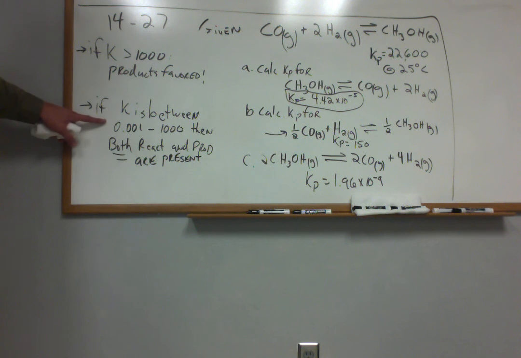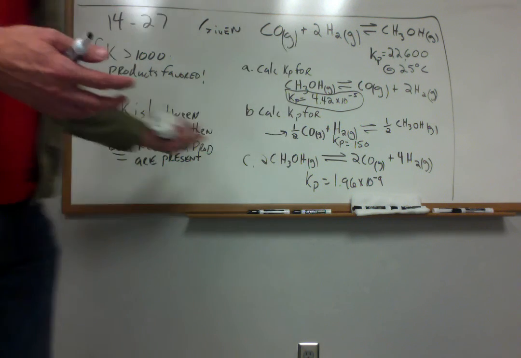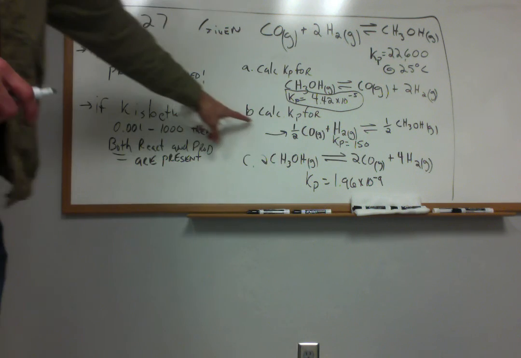Here, I mean that's between about 0.001 and 1,000. Then it turns out that both reactants and products are present at equilibrium. We'd have a mixture. Okay, so do we have a case like that? This is a good example of that.